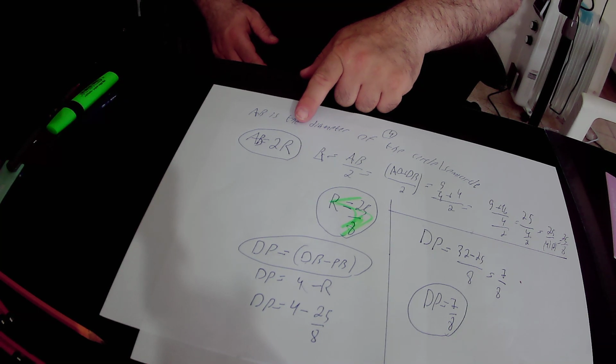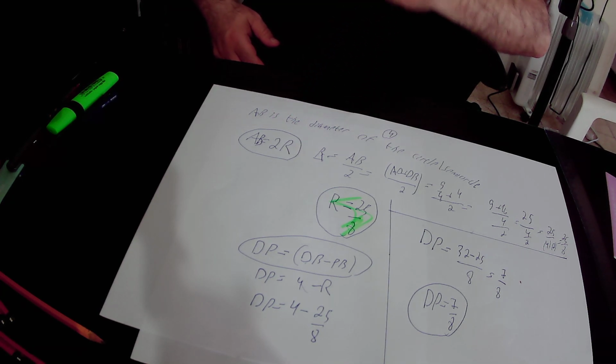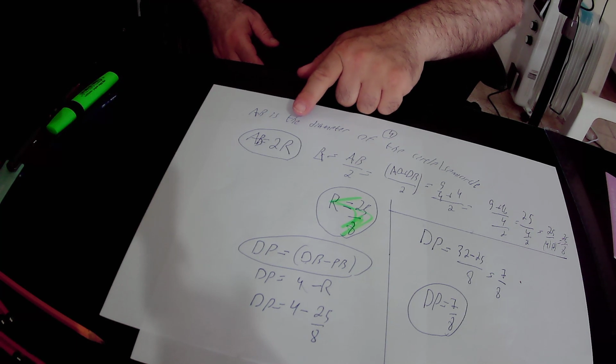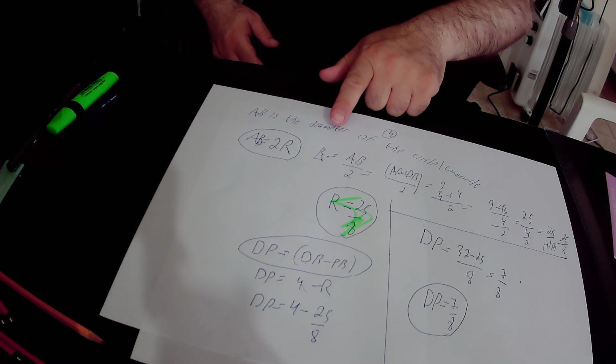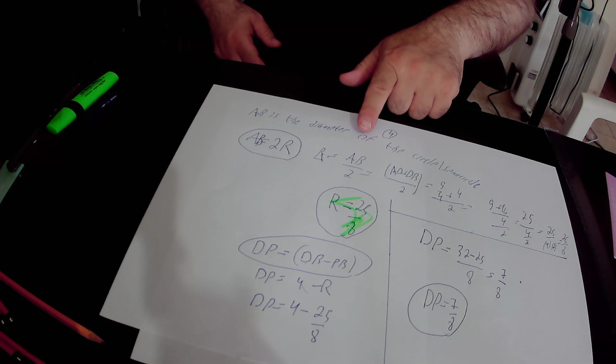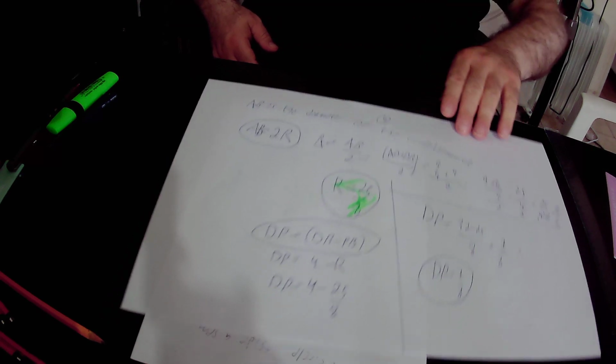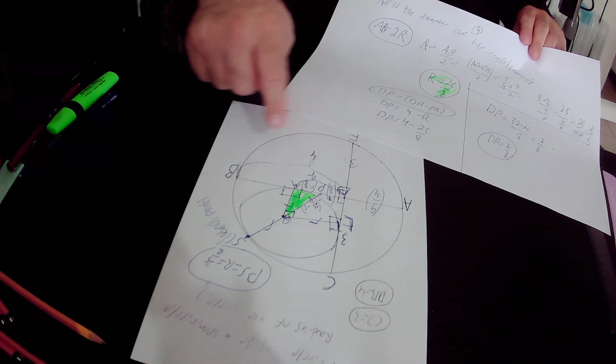So if we divide this equation by 2, we get that the radius of the semicircle and the circle itself is half of the diameter. It is AB over 2. AB equals AD plus DB.